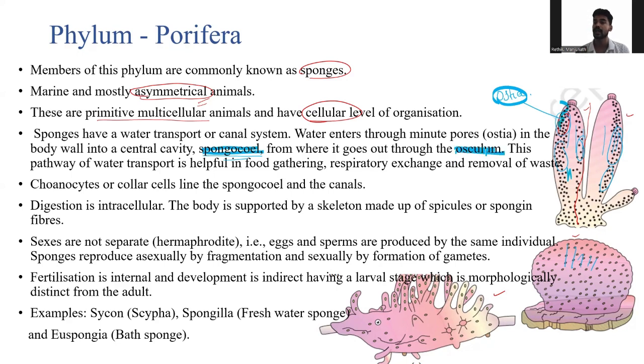This water transport is helpful in food gathering as well as in respiration, exchange of gases, and removal of waste from the body.